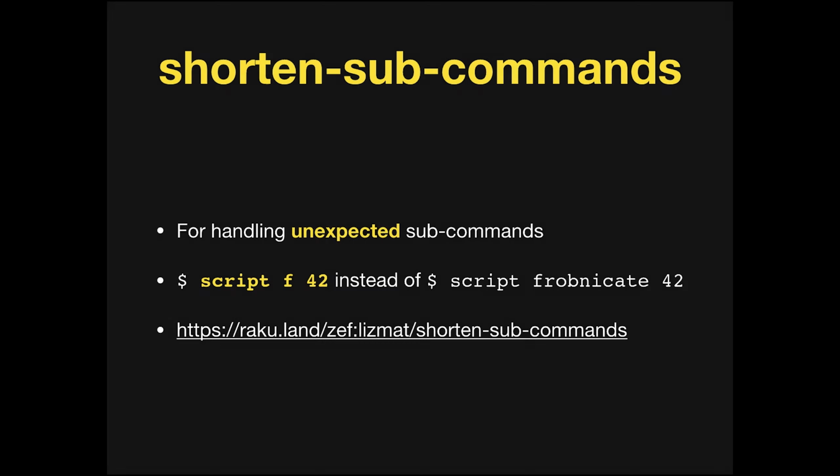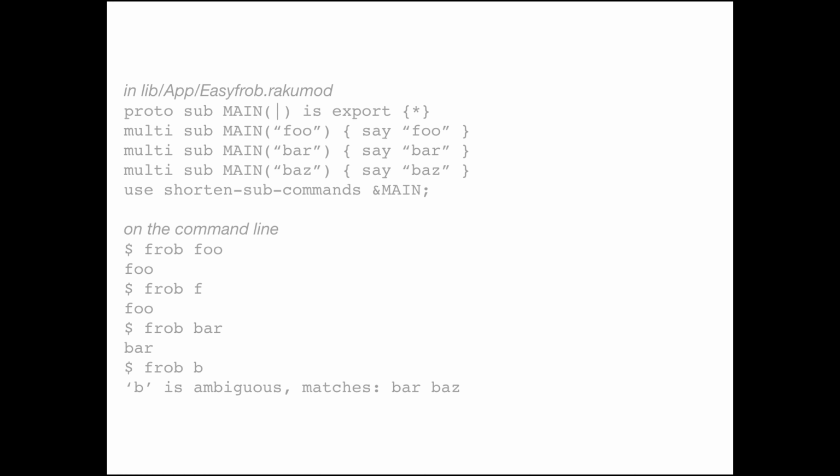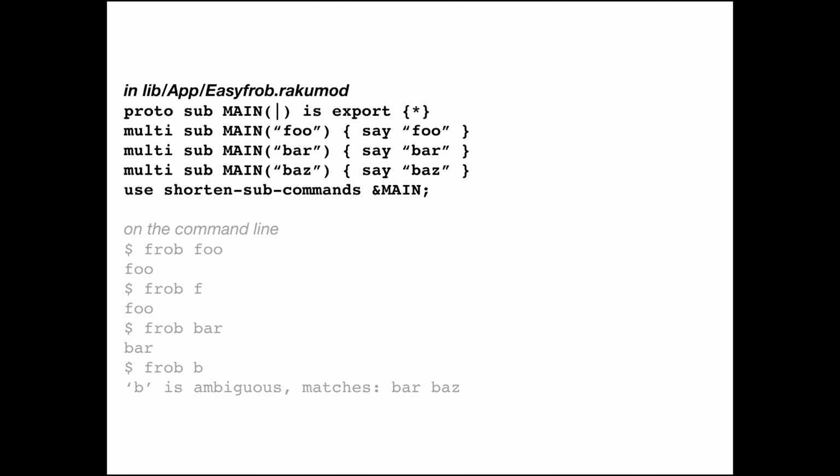How does that look? Well, let's suppose we have a module for a script that basically has 3 subcommands, foo, bar, and baz. After you specified the multi-subs, you can say use shorten-sub-commands &main, so that the module actually knows where to add the additional candidates.